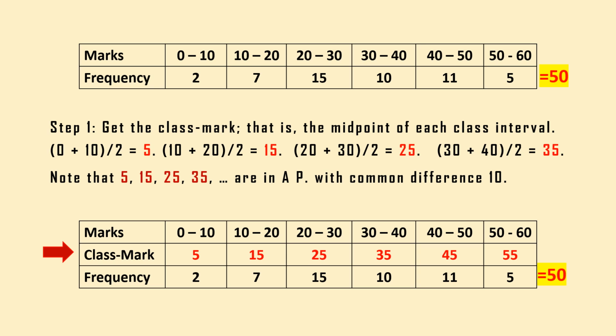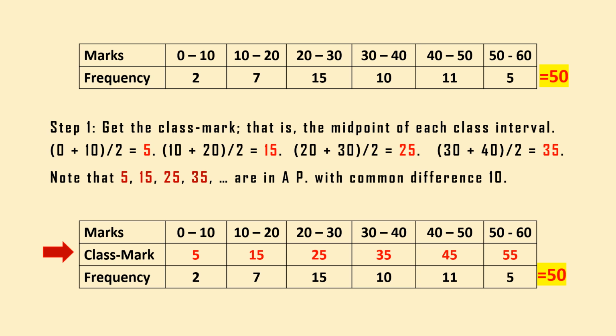So we have added the extra column, that is class mark. Now the first column, the marks 0 to 10, 10 to 20, we actually do not need. Anyway, we will keep it, but once you have found the class mark, the midpoint, the marks column we do not need.